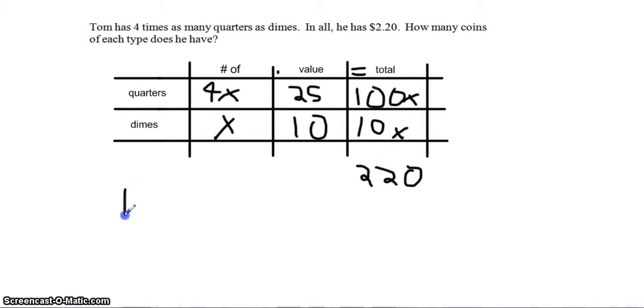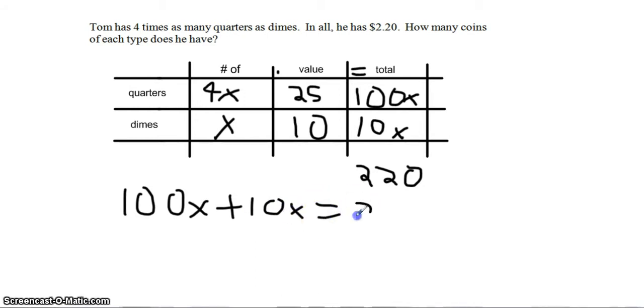So let's write this out. Alright, simple enough. So 100x plus 10x is 110x.